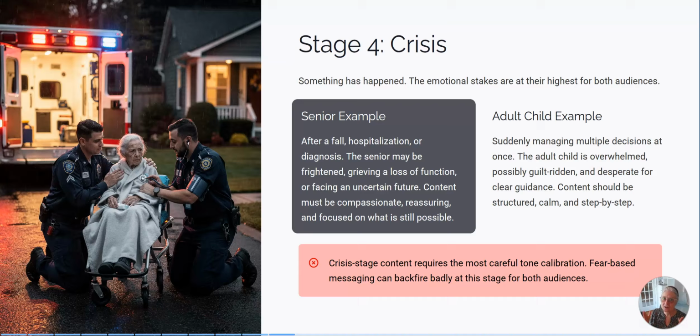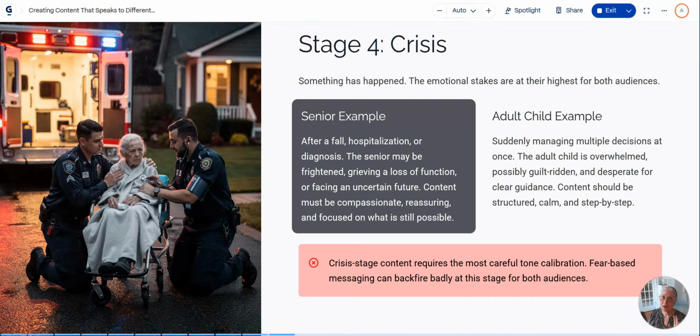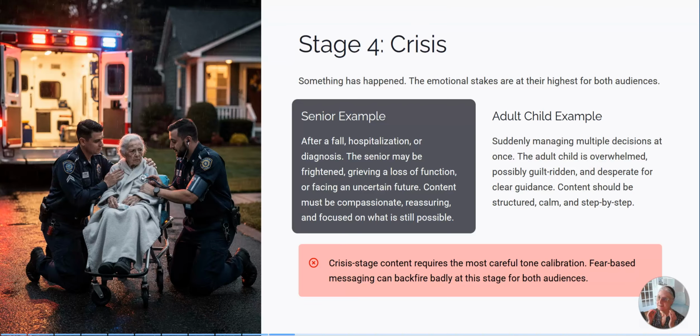Content should be structured, calm, and step-by-step. This is very much the crisis stage, and it will calm down for sure. But depending on when you come in, at the beginning of the crisis, at middle, the end, whatever, they may have already spoken to 10 other people and they're calmer. But depending on when, you may catch them at all different levels.